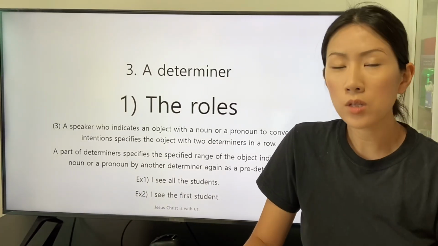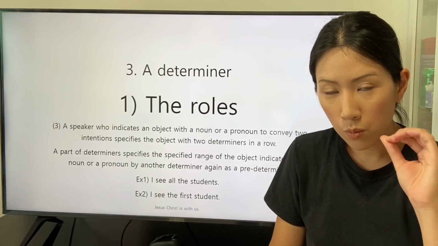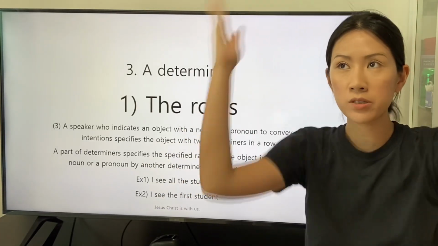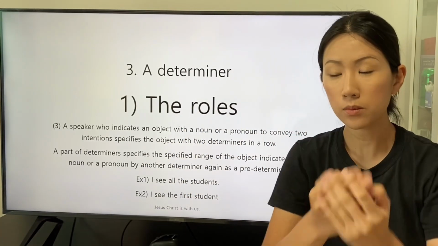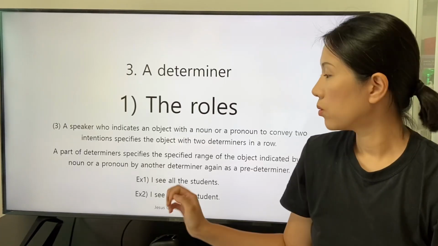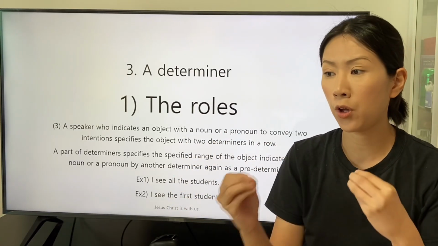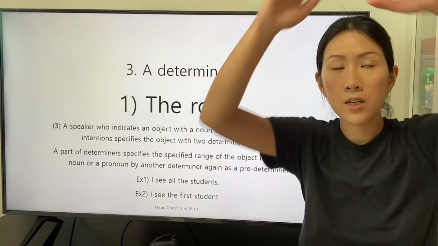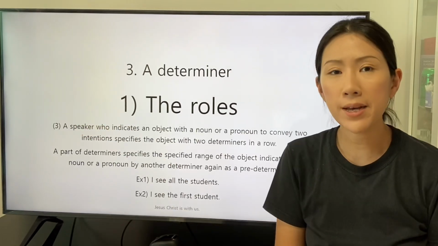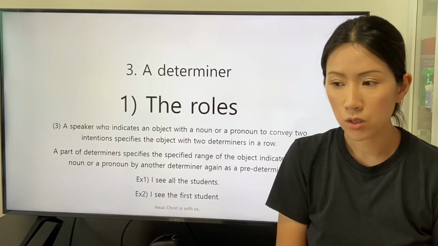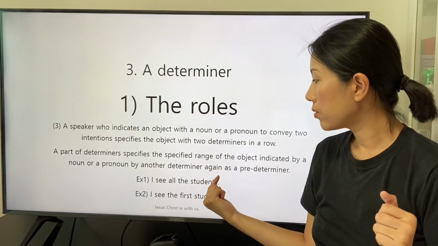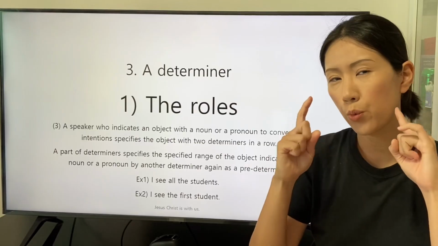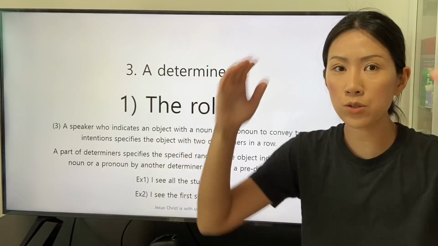The prefix pre for the term predeterminer tells us that the predeterminer is additional to set the range of the indication after the main specification by the definition of the determiner. We can understand the role of a determiner into a specification.